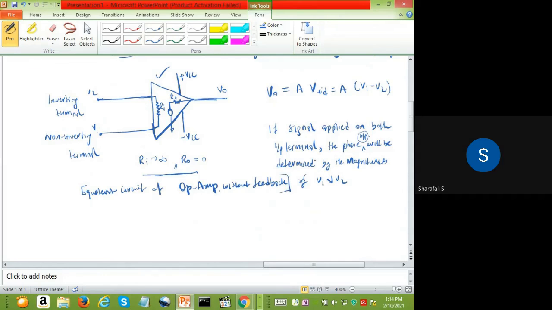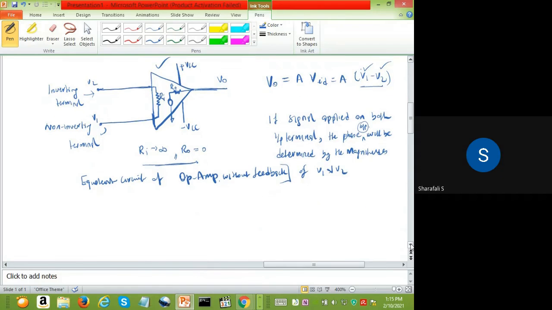You can write it in your own words. Actually, you are having V1 minus V2 here. So depending on your V1 and V2 values, your phase will change, because we are applying both signals, V1 and V2, at both terminals. If V1 is larger, then this will become positive, so there is no phase change. If V1 is smaller, then this will become negative, so there will be a phase change here. So if both are active, the magnitudes of V1 and V2 determine the phase of the output.